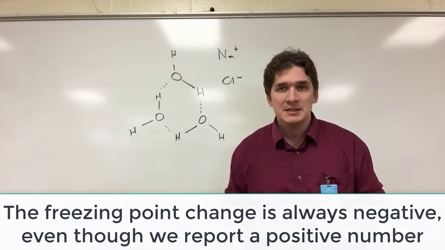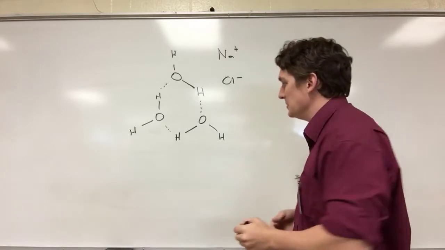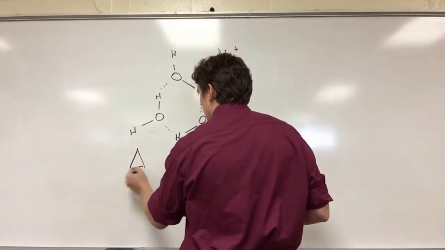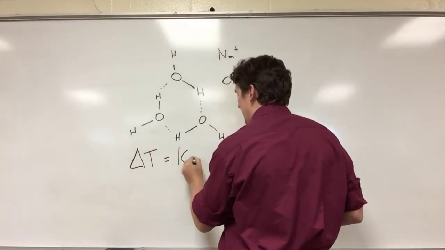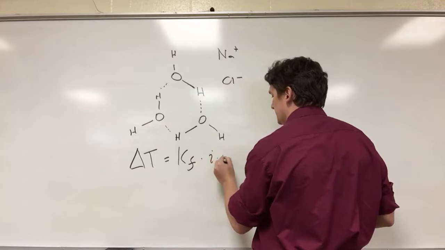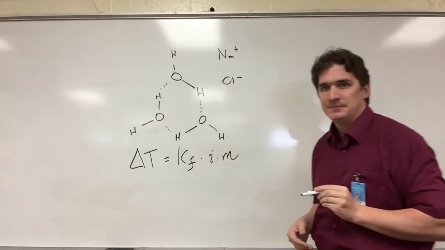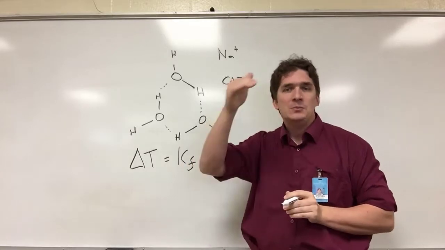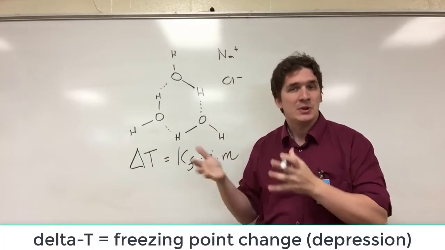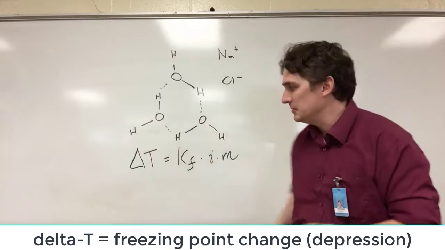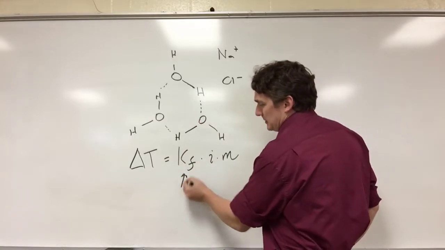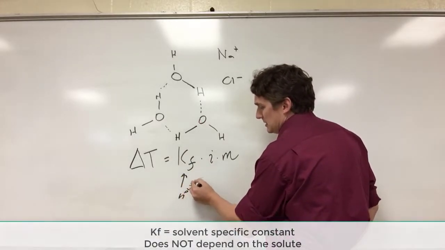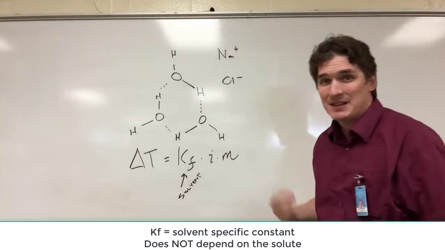But we can quantify this as well, and we have a very simple relationship for this. Delta T equals Kf times i times m, where m is molality. So our freezing point change, delta T, how far we move away from the freezing point, is proportional to Kf. This number is always going to be positive, although we decrease the temperature. Now Kf is solvent specific.